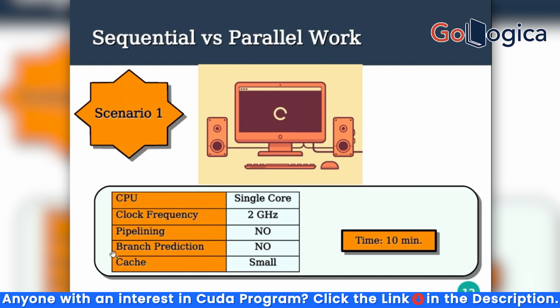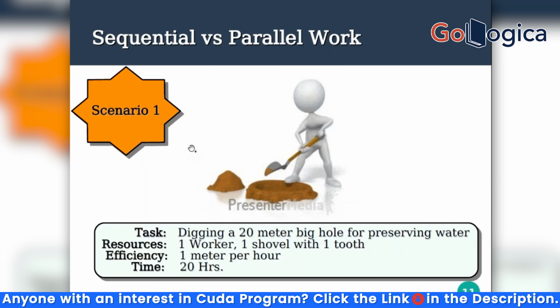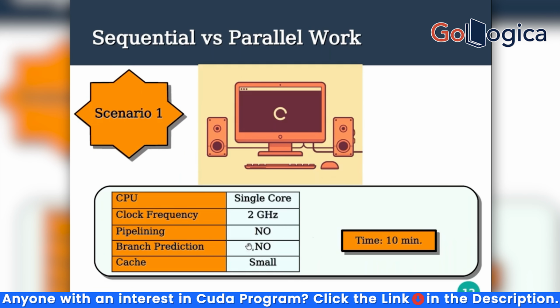Pipelining is not available, branch prediction is not there, and cache is very slow. So in this scenario we have limited resources and low efficiency. Let's assume it requires 10 minutes to perform some particular task on this machine. So one scenario is real life and one is your computer system.